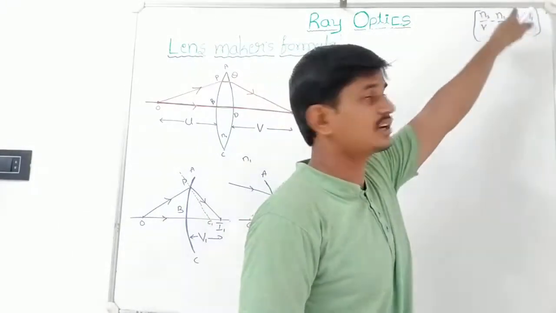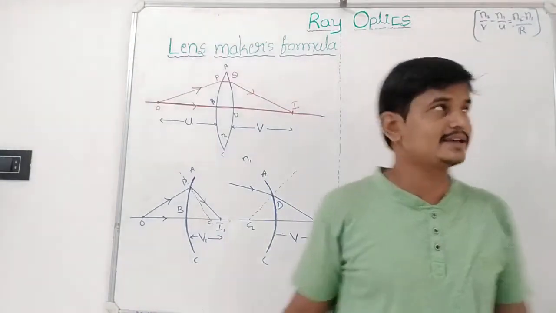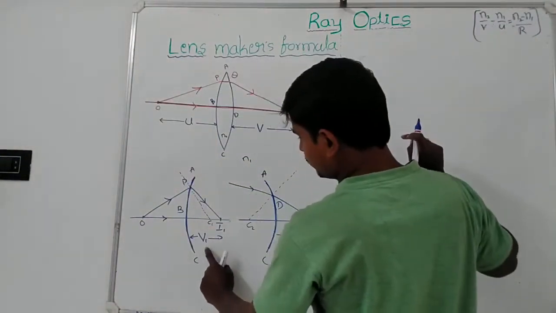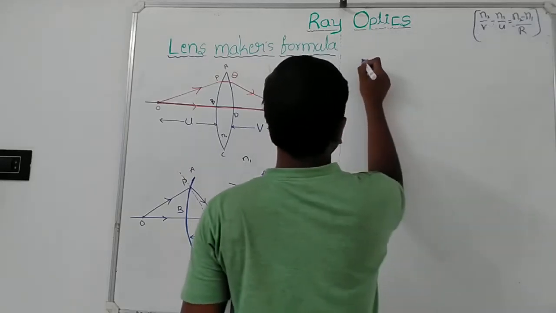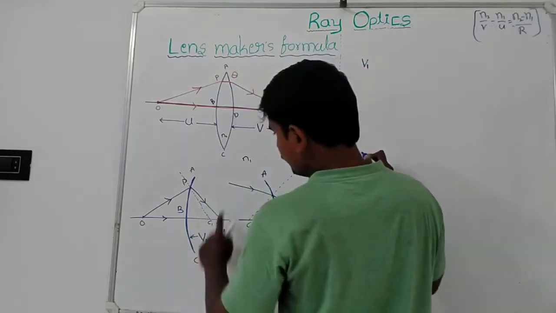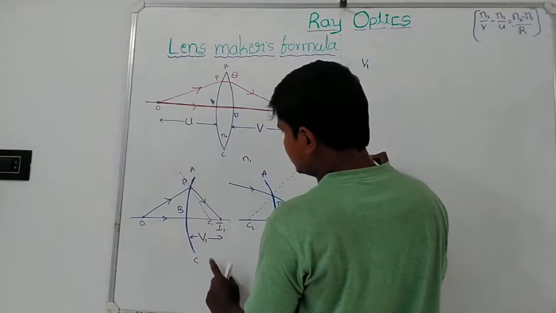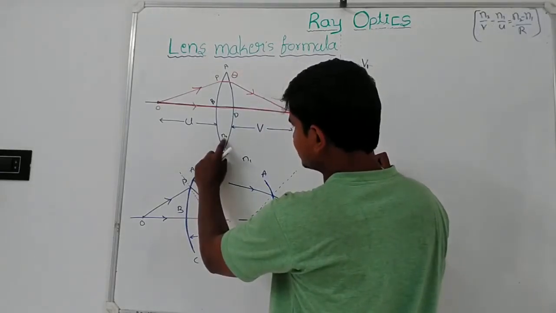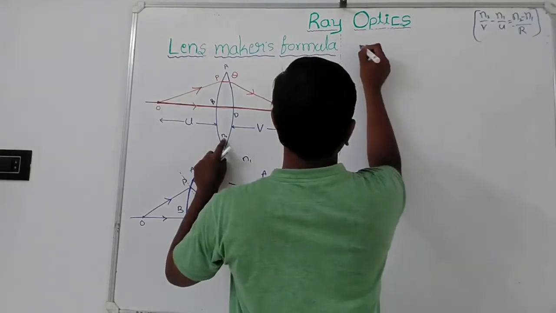Using this relation we can write this as follows. The image distance is considered to be V1, which is present inside the lens, and the refractive index of the lens you can consider as N2.